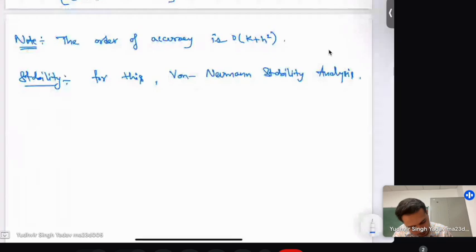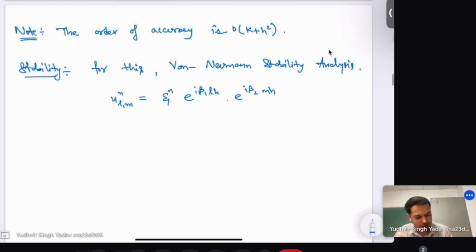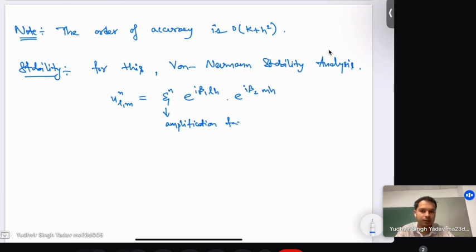Here we will substitute the solution in the form u_{l,m}^n equals xi to the power n times e to the power iota beta 1 lh multiplied by e to the power iota beta 2 mh, with respect to the x and y directions. Here xi is the amplification factor as discussed earlier. So it should be that modulus of xi is less than or equal to 1 for the scheme to be stable.